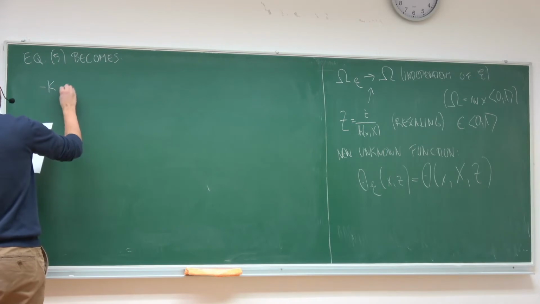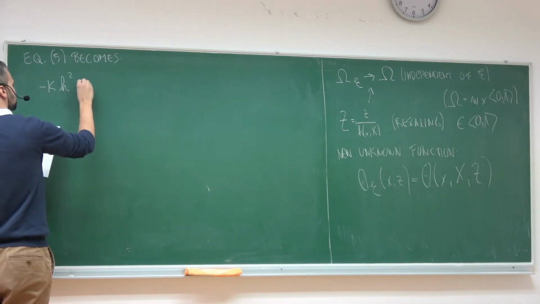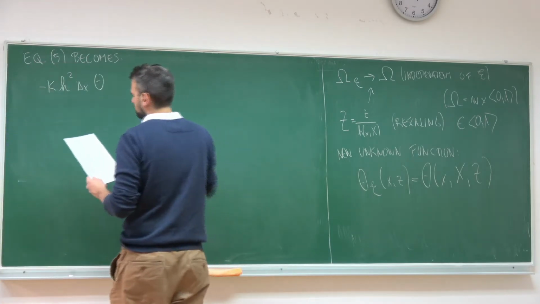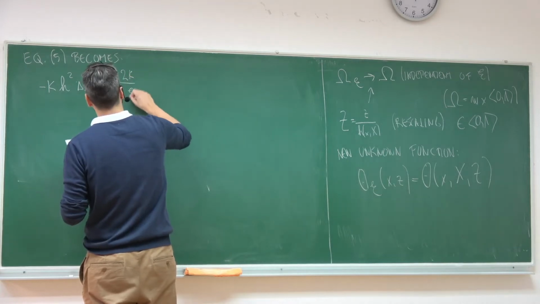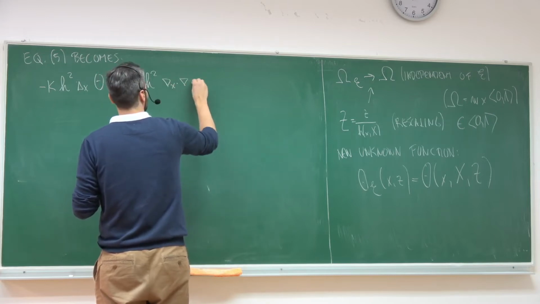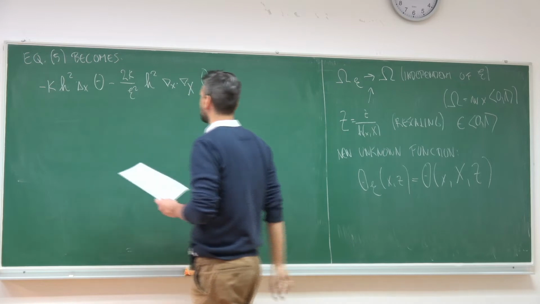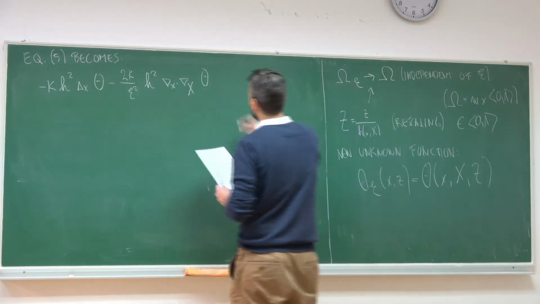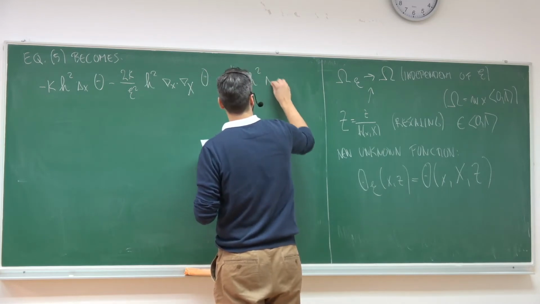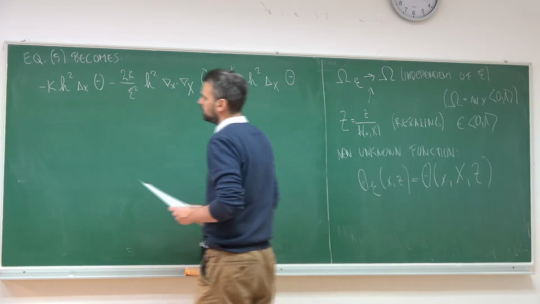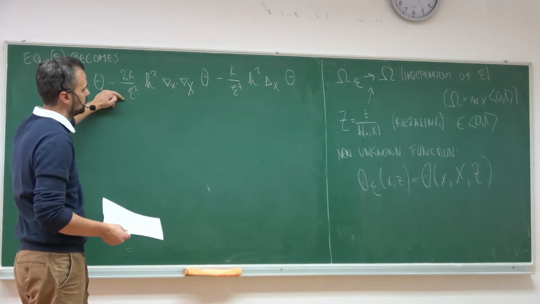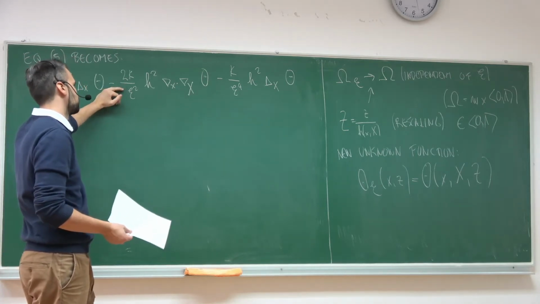So minus kappa h squared plus s x theta. So this is a small x minus 2 kappa over epsilon squared, so you can see the difference between big and small x, minus kappa over epsilon to the 4th h squared. So of course if you have epsilon squared, this would appear in the second order corrector.